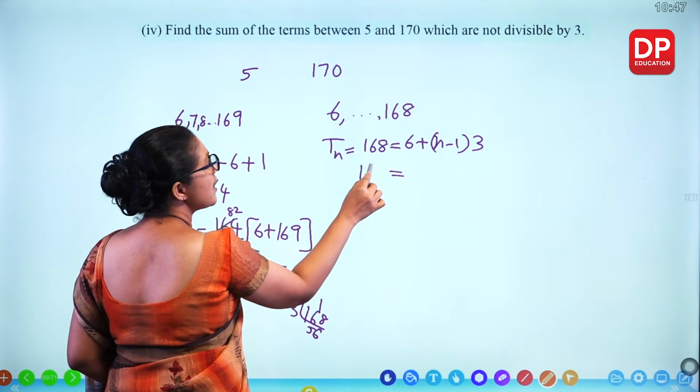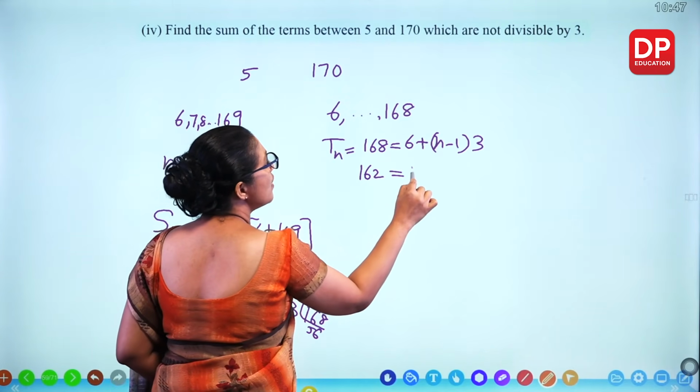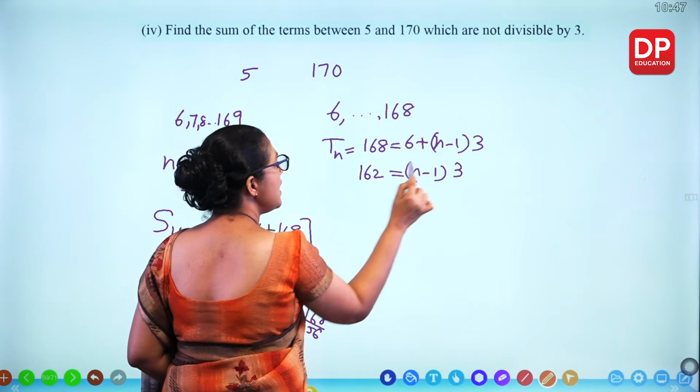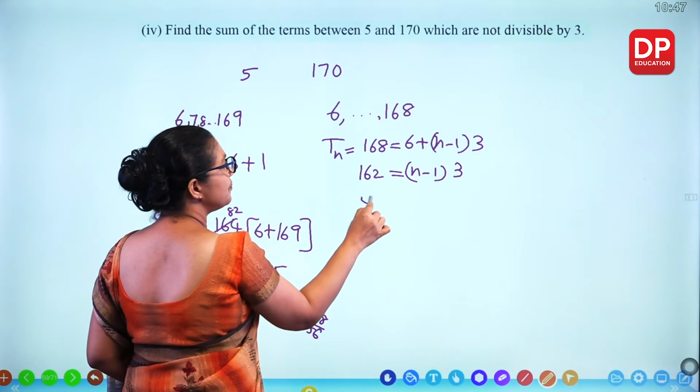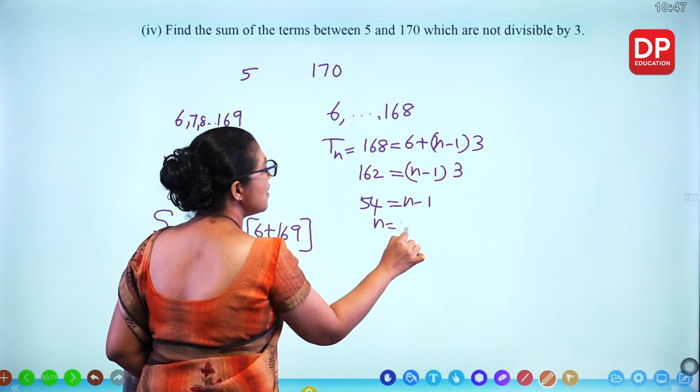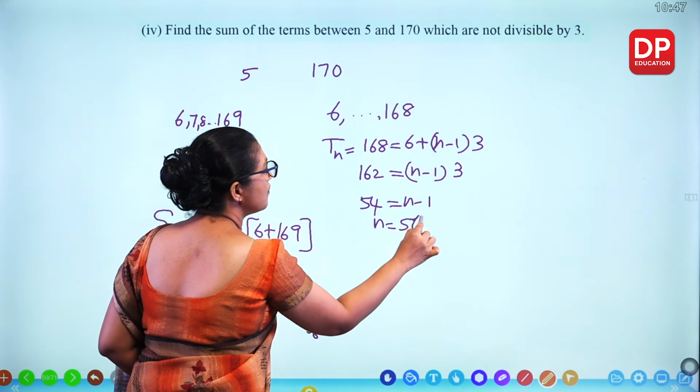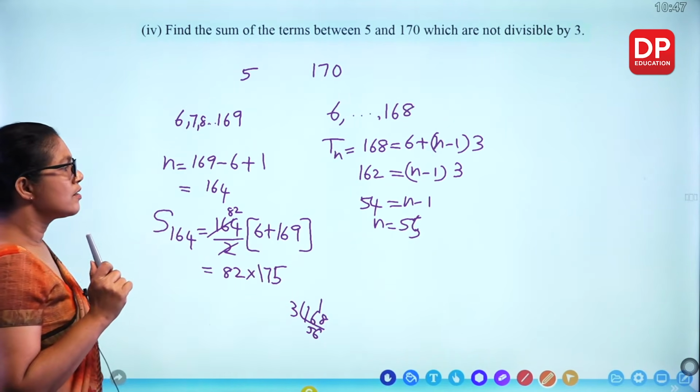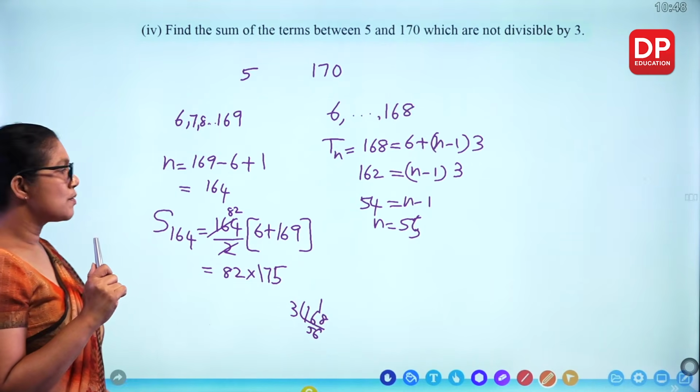Subtract 6, you get 162, (n minus 1) times 3. Divide by 3, you get 54. So n equals 55. So you have 55 terms that are divisible by 3.